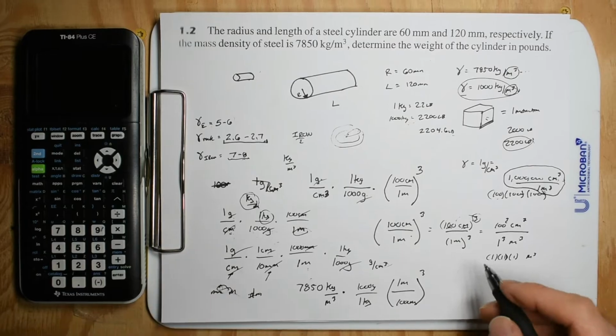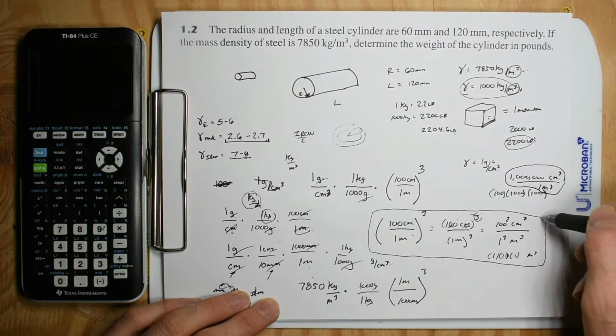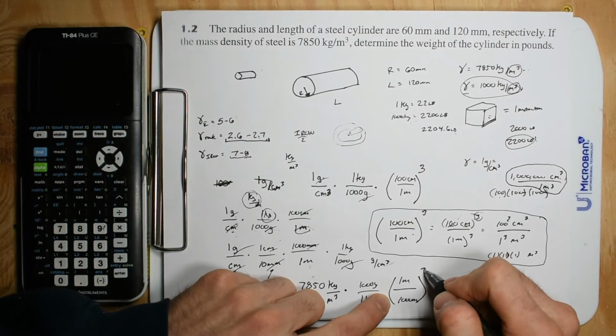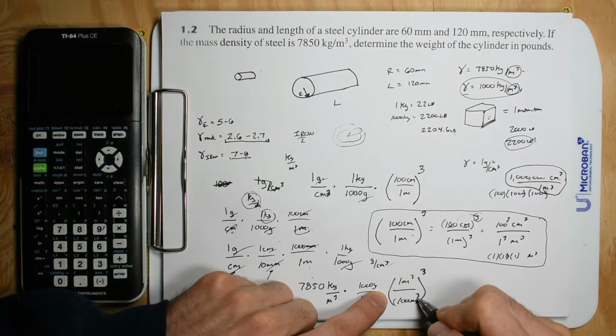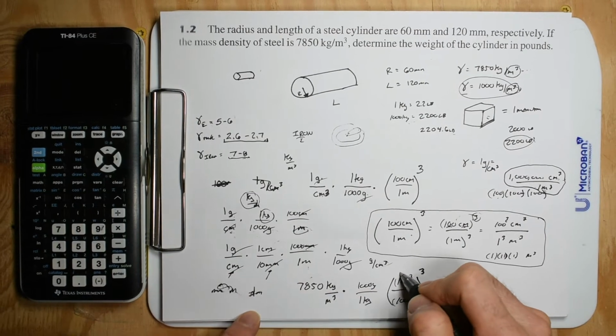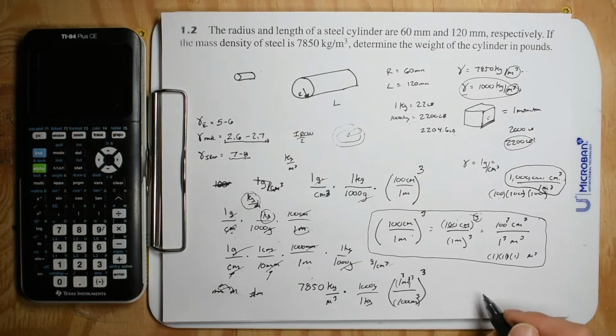Now get your mind wrapped around this part: cubing the outside means you can cube the top. But if you cube the top, that means you're cubing the 1 and cubing the units, cubing the 100 and cubing the units.